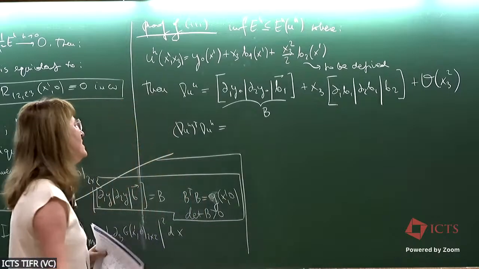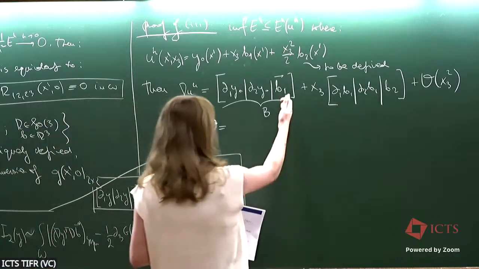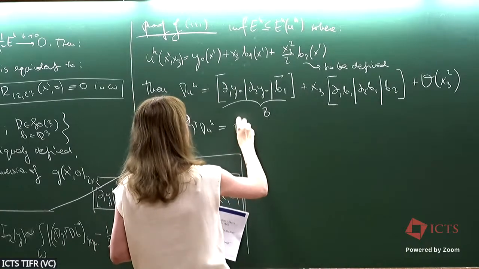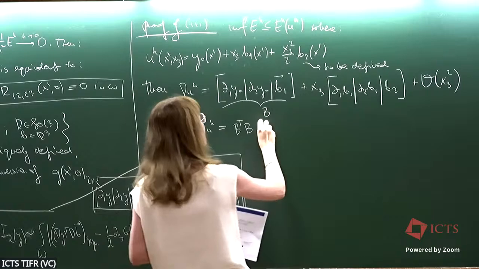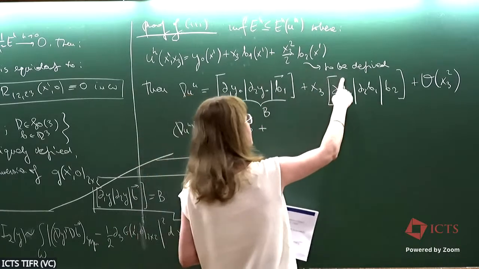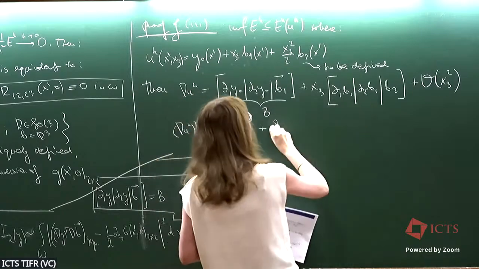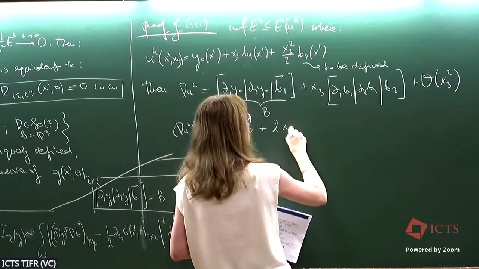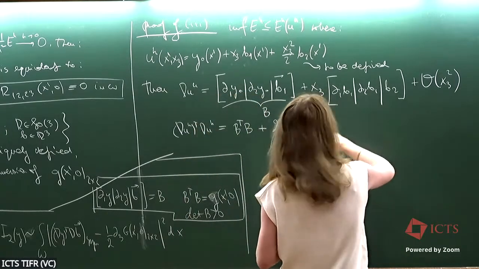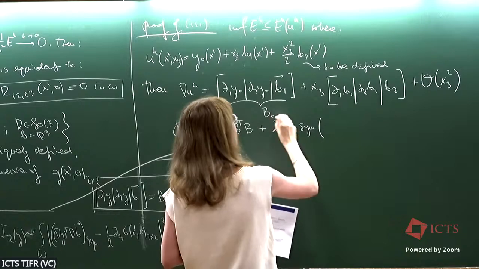Again, terms of order 0 in the expansion in x3 will be B transpose B. Plus terms of order x3: I have a product of this and this in both ways, so twice x3, the symmetric part. Let's give this a name: let this be B0 and this be B1.